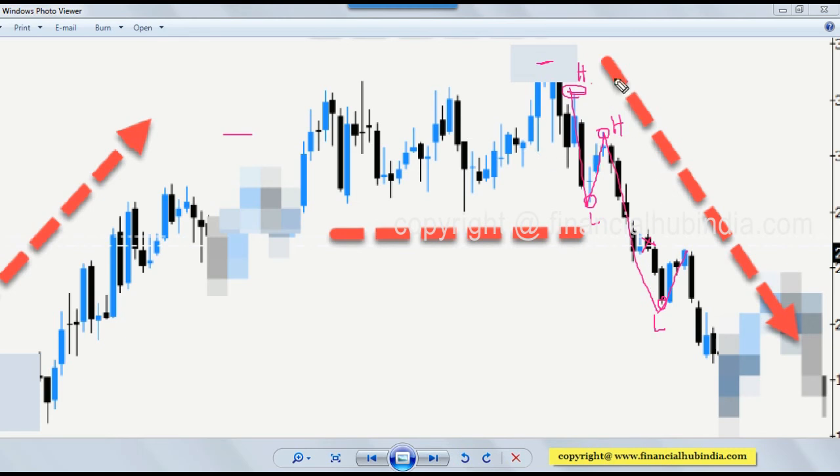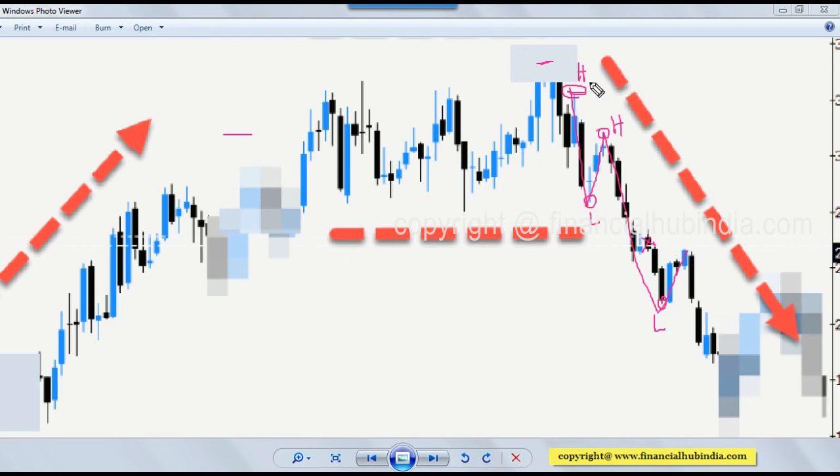So our two criteria are matched here. First criteria is we are making larger down moves or down swings and smaller up swings. Again, a larger down move and a smaller upswing, smaller up move. Number one criteria. Number two is you'll have to make lower lows and lower highs.